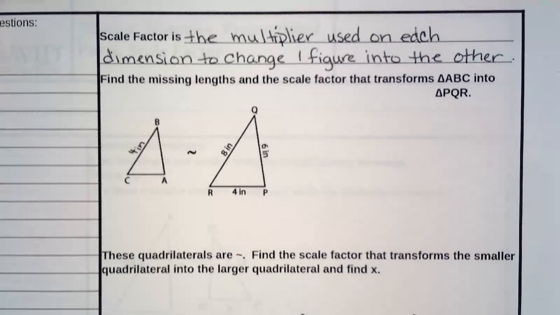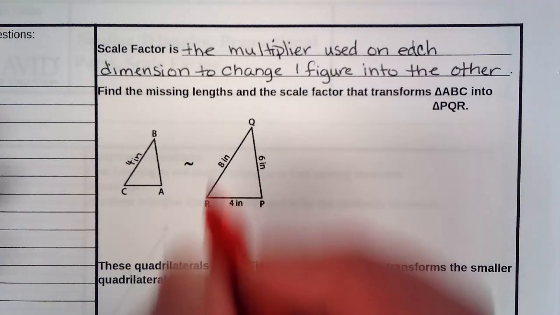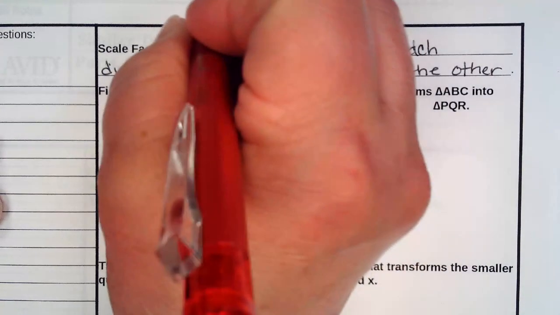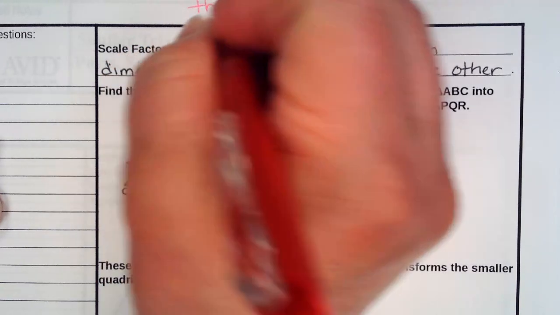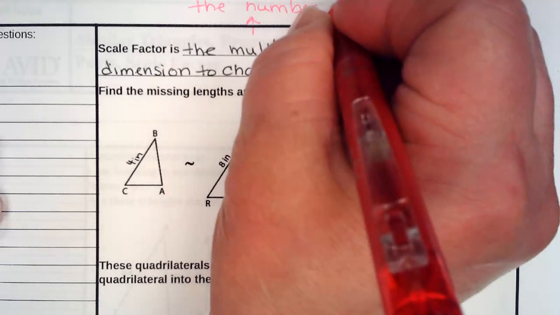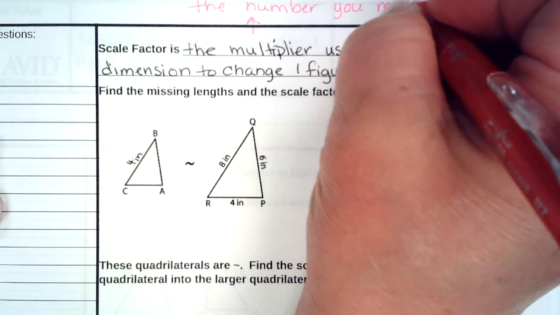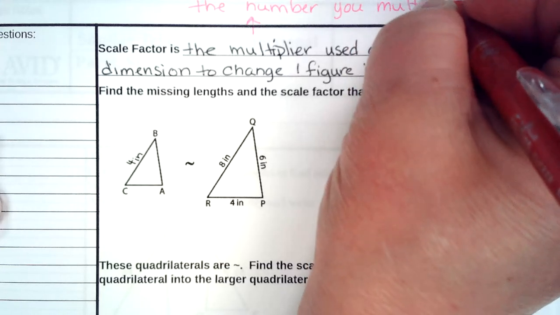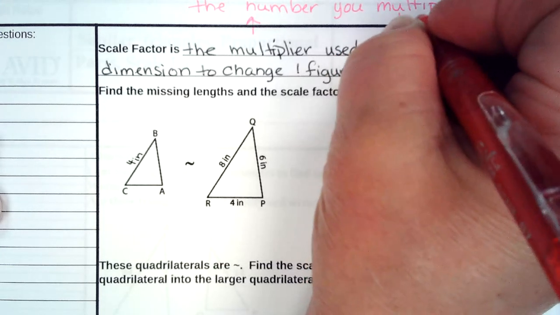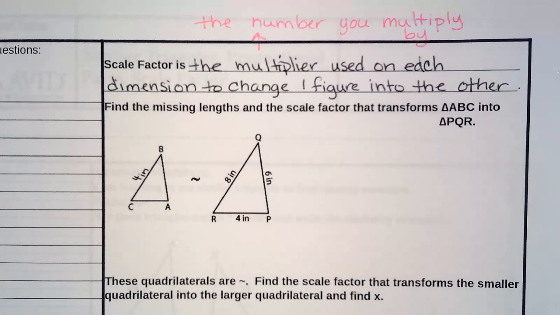Now remember, the important part is the number you multiply by. So if it is getting smaller, that number you're multiplying by will be a fraction.